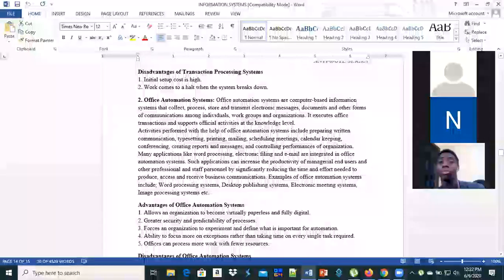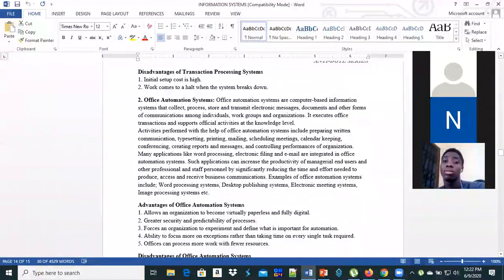Yeah, so you look at an office automation system as systems that transmit documents, they store, they process, they save, they transmit documents. It aids in communication as well. It is very crucial.